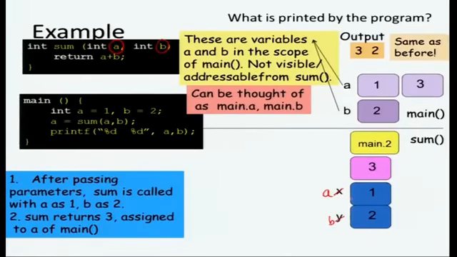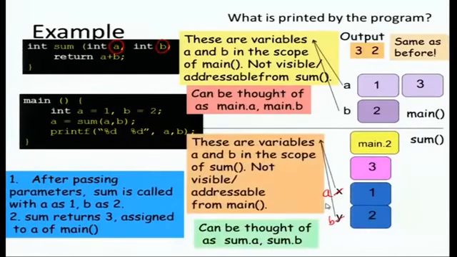In other words, the a and b inside sum have scope just this function. They are not visible or addressable outside, especially in main. So, you can think of them as sum dot a and sum dot b.